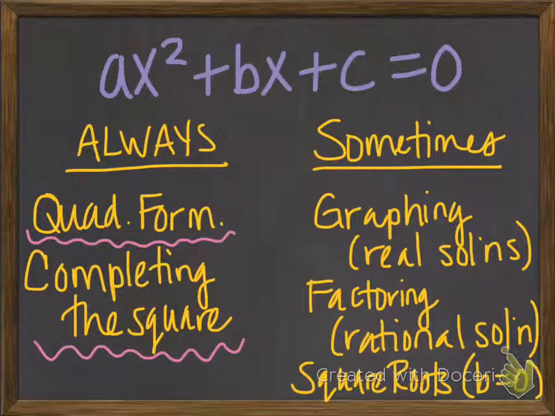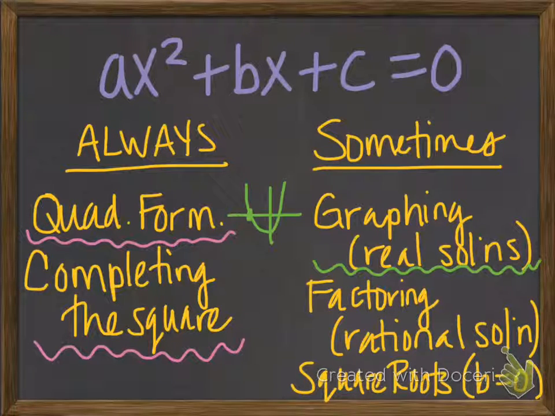But then there are other methods that only work sometimes. Graphing is one that only works when you have real solutions. Because remember, when we graph polynomials, the solutions are where the function's graph crosses the x-axis. So if we have imaginary solutions, then the function is not going to cross the x-axis and we won't be able to find those.